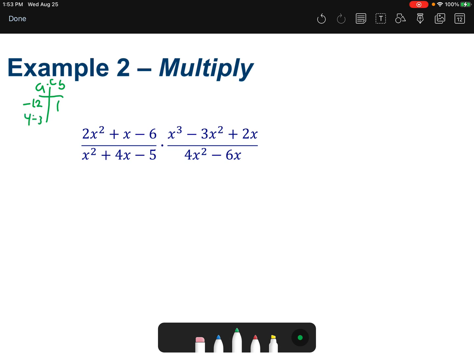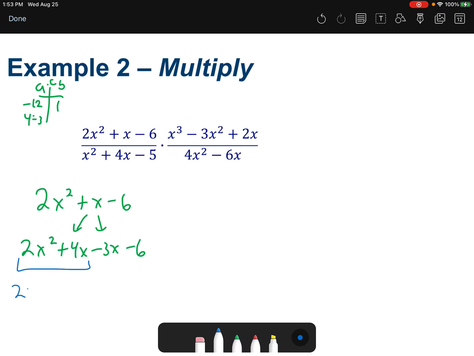I think that would be 4 times negative 3, wouldn't it? So 2x squared plus x minus 6 would break down to 2x squared plus 4x minus 3x minus 6. And then we work our magic, take out a 2x. We're left with x plus 2. Divide, you get negative 3.